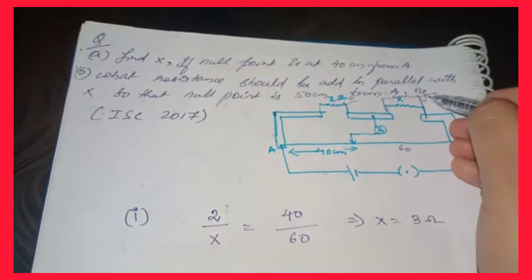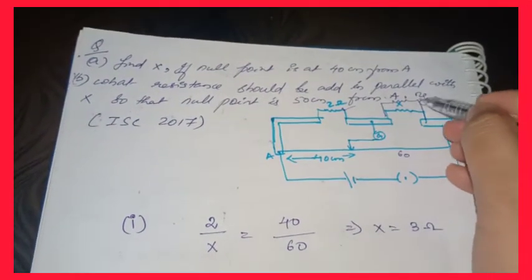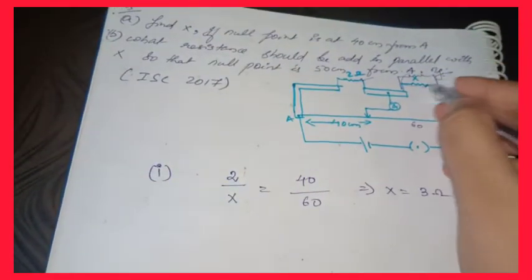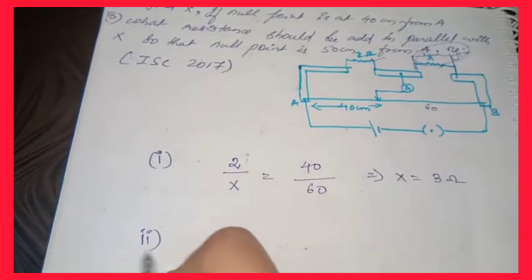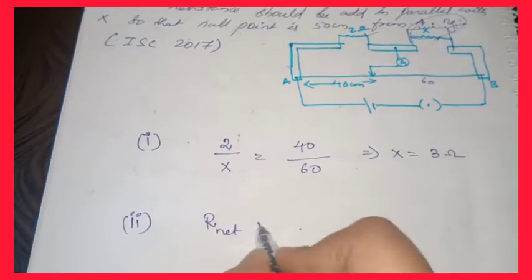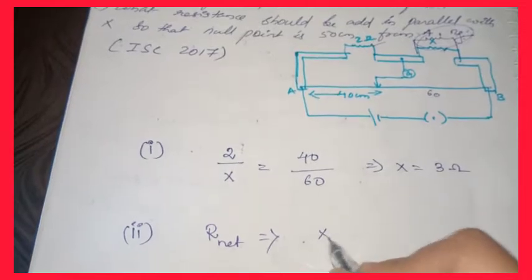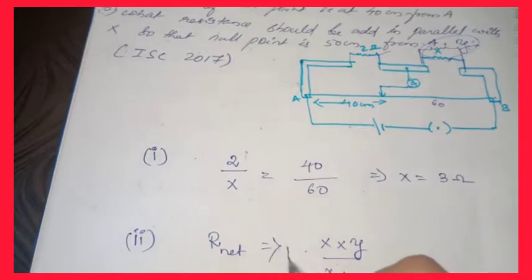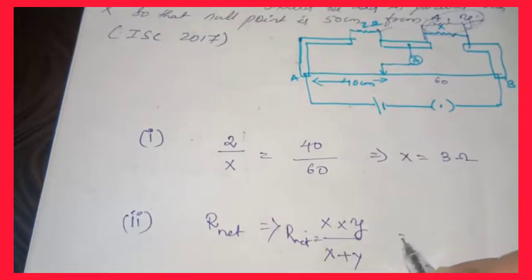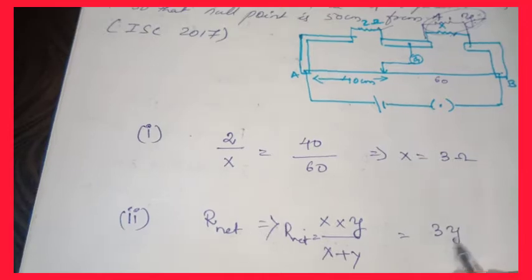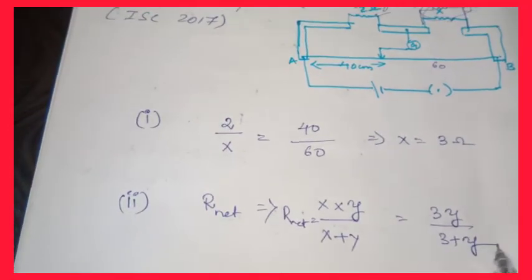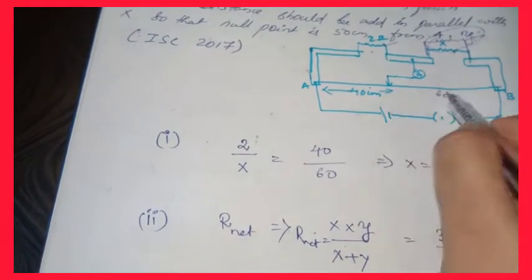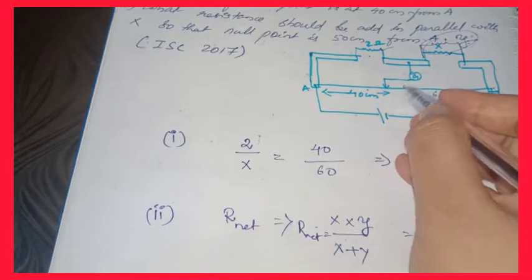Now Y we have to find out in the next bit, and we know X and Y are in parallel. So the net resistance due to X and Y will be X into Y by X plus Y. So we know the value of X, that is 3Y by 3 plus Y. So again we will take the ratios of resistances, and we will take the null point now to be 50 cm.